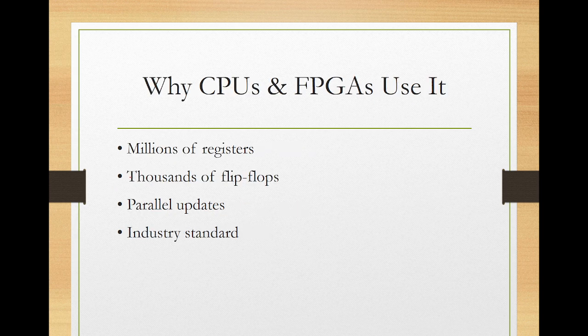Now let's zoom out. CPUs, GPUs, FPGAs, AI accelerators, all of them rely on registers. Millions of registers, millions of them. And those registers update simultaneously. That's why RTL engineers heavily use non-blocking assignment. Not because the language says so, because hardware says so.